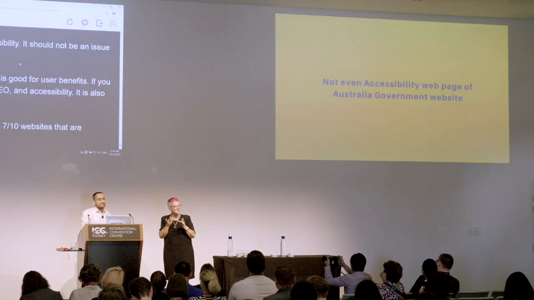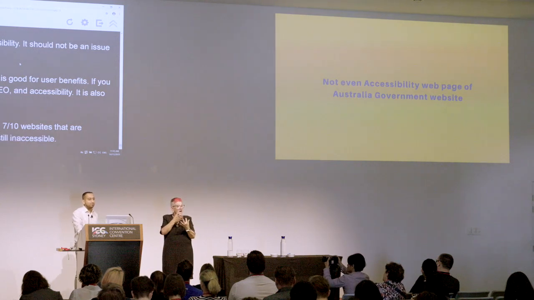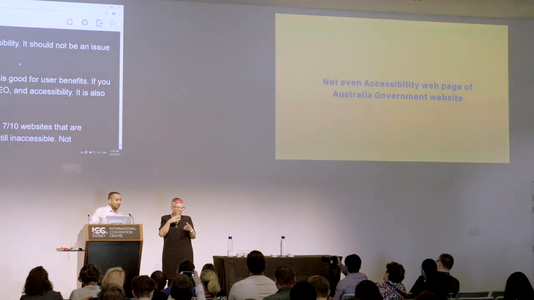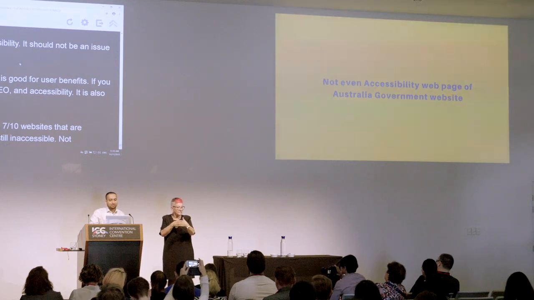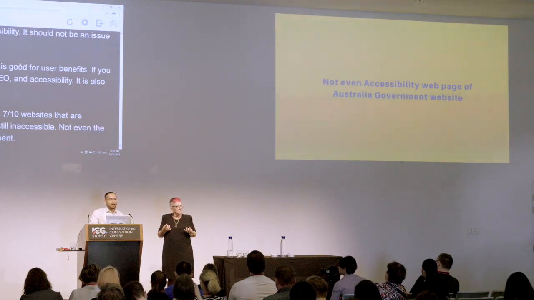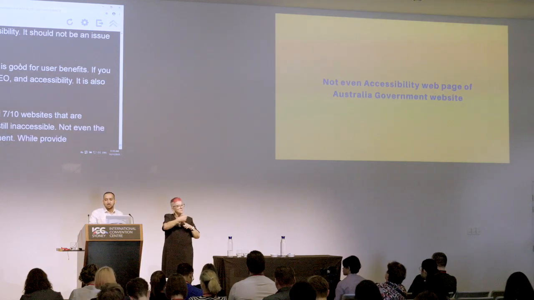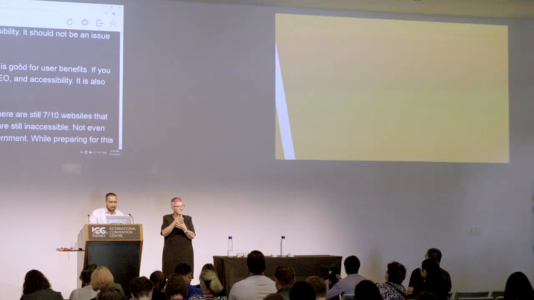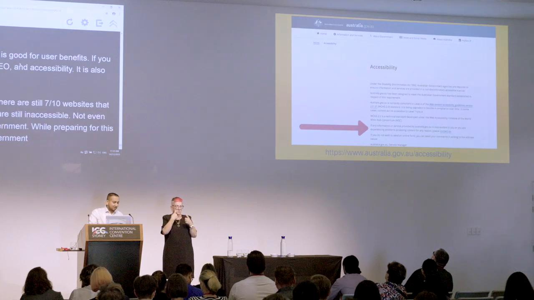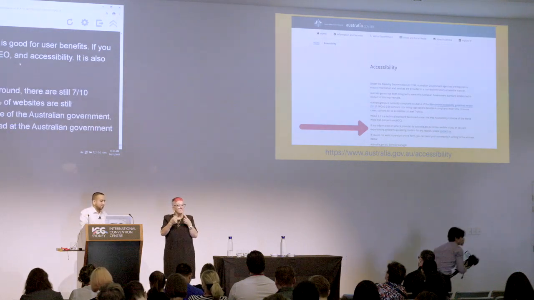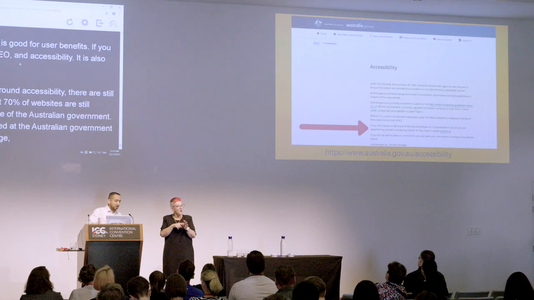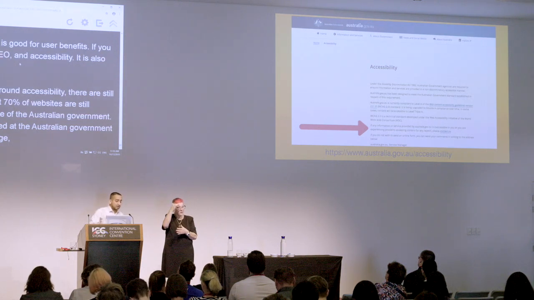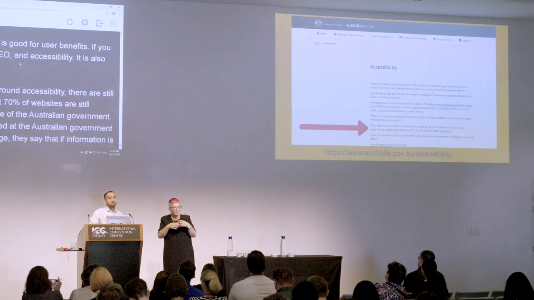And not even the accessibility web page of the Australian government website. While preparing these slides, I was looking into the Australian government accessibility web page. When I Googled accessibility in Australia government, I came to this page where they say, if any information or service provided by australia.government.au is inaccessible to you, or you are experiencing problems accessing content for any reason, please contact us.